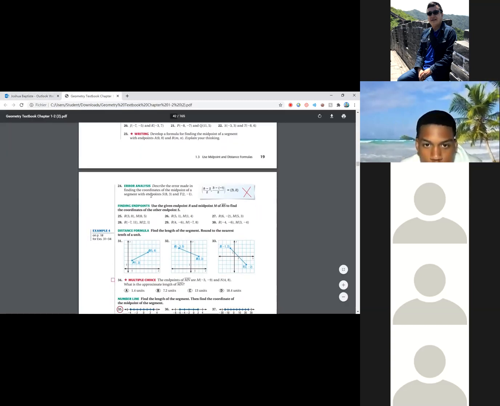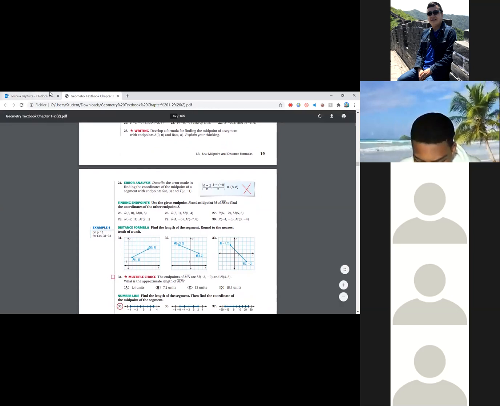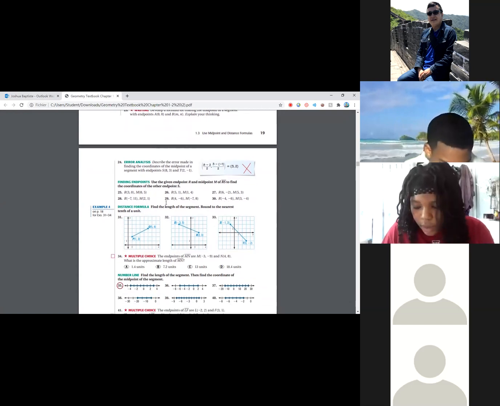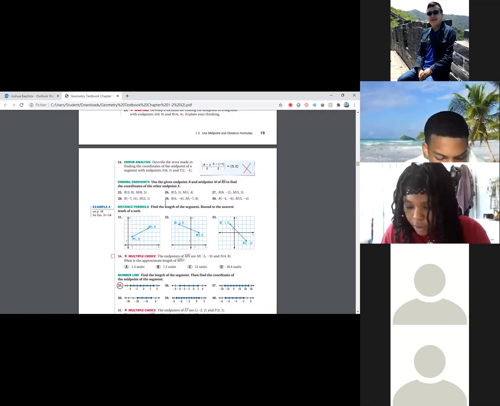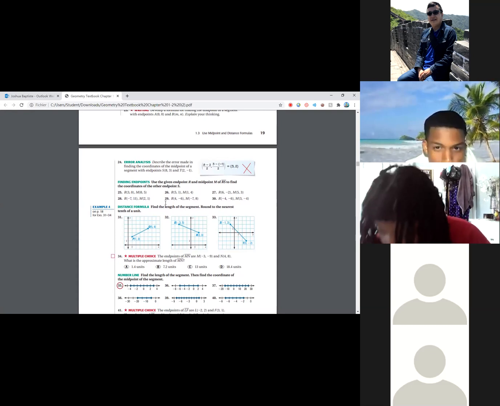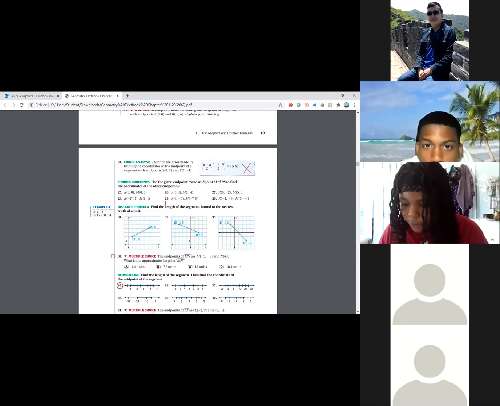All right, so then I guess Kiara, number 29. So for 29, -7 equals 4 plus x over 2. And if you do that, you get -7 times 2 equals 4 plus x, then -14 equals 4 plus x. And then it will be -18 equals x for the x coordinate.